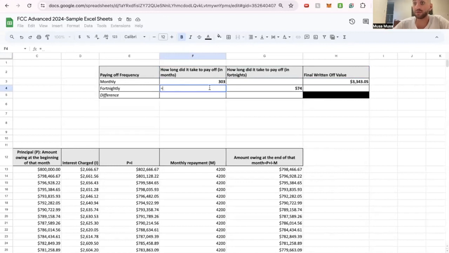So how do I convert from fortnights into months? Well, how many fortnights are there in a year? There's 26 fortnights in a year. We have 12 months in a year. So 26 divided by 12 is 13 over 4. That means we have 13 over 4. No, 13 over 6.